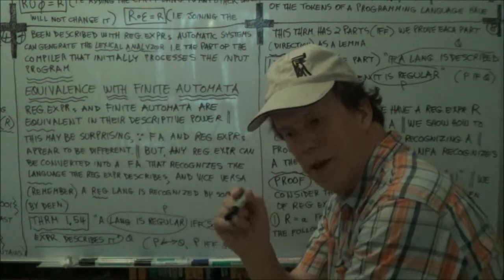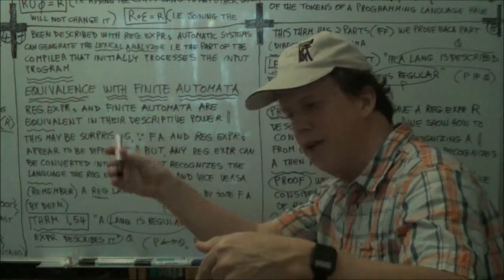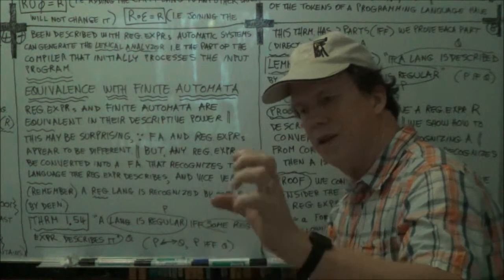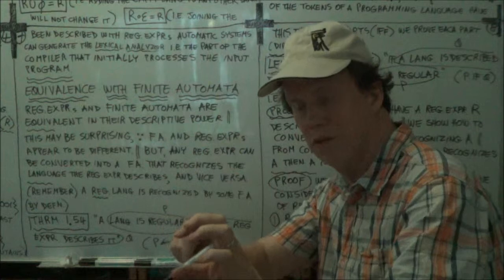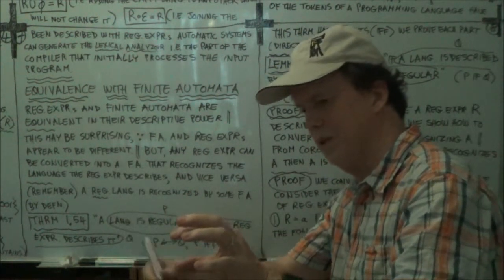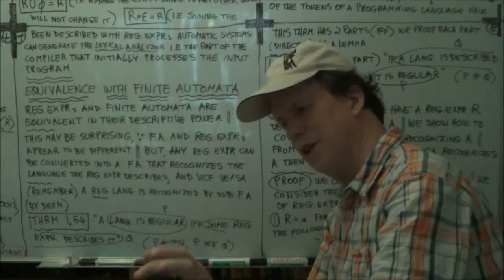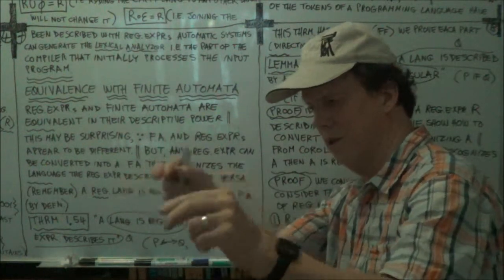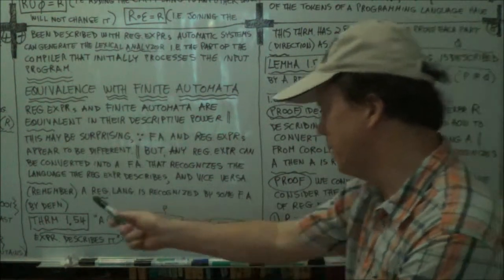On the one hand, the regular expression describes the language. On the other hand, you have a finite automaton that recognizes it. Now, if from the regular expression you can build a finite automaton that recognizes the language that the regular expression describes, then the finite automaton and the regular expression are equivalent. That's the idea. Now we express this more formally.